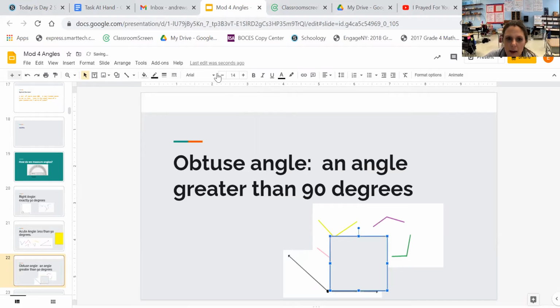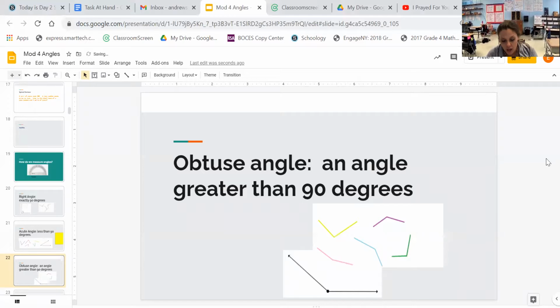You'll notice, if I can move it, this would be 90 degrees right here. And it's more, it's going over it. So I know it's greater than 90. So this is an obtuse angle. Okay, the measurement is greater than 90. Okay, go ahead, pause your video. Put your last precise word on your foldable so you have a study item for yourself. And then check back with me in a second for your next instruction.